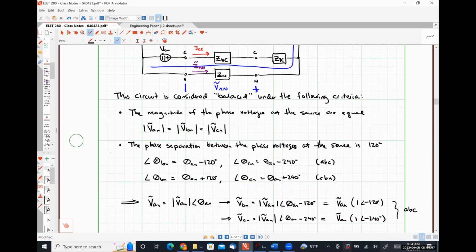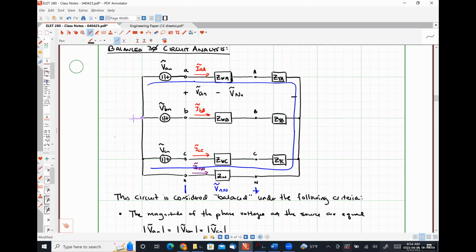So if we come way up here, let me erase this blue line that I used to explain the KVL.